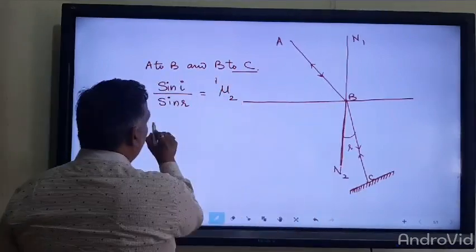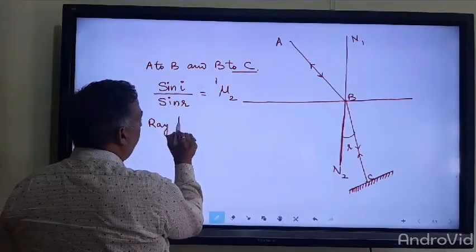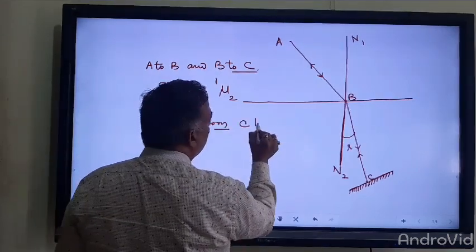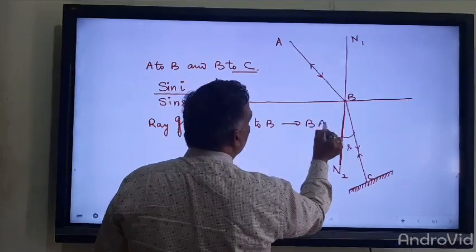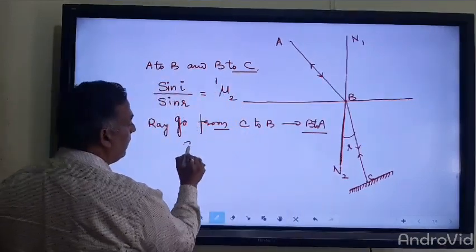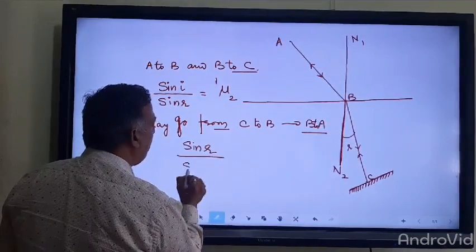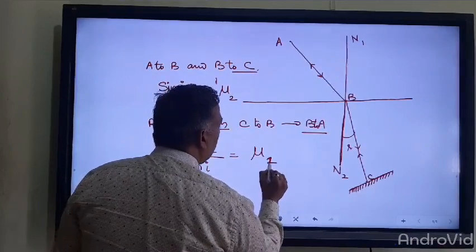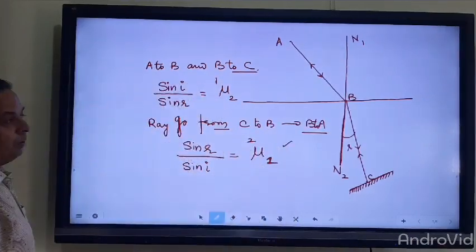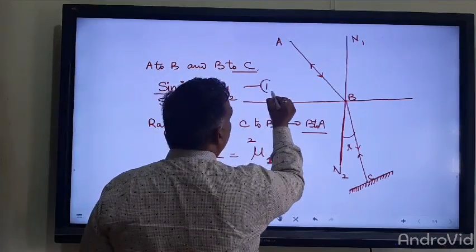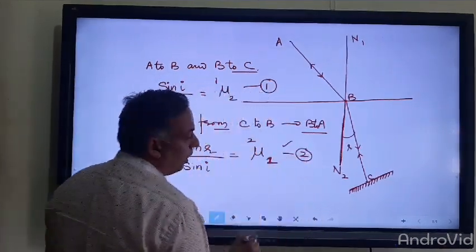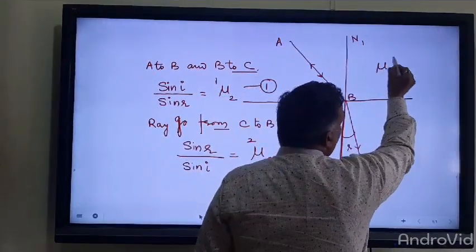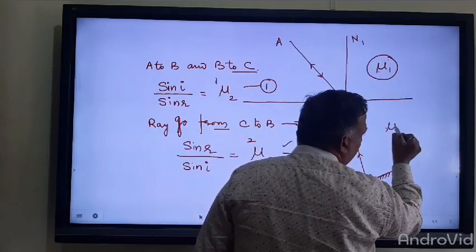Now, if the ray goes from C to B and B to A, then sine R upon sine I is mu 1 with respect to 2. So this was number 1, this is number 2. Because when it goes from here to here, it is the refractive index of this with respect to this, and when it comes back, it is the refractive index of this with respect to this.